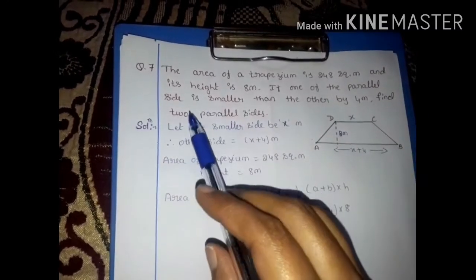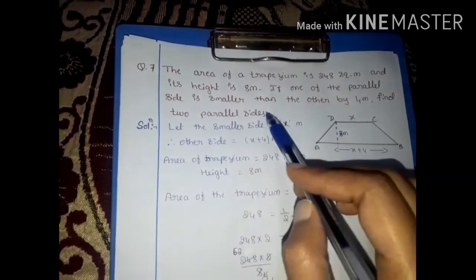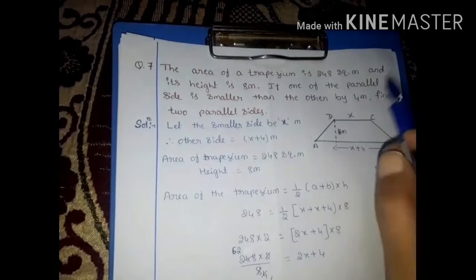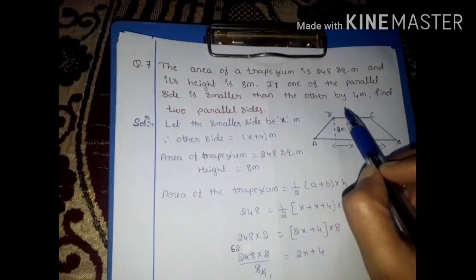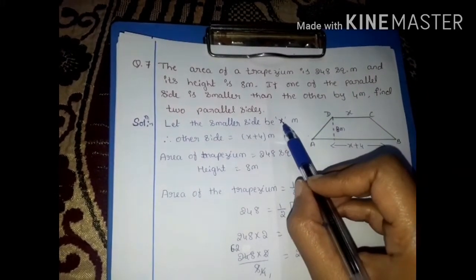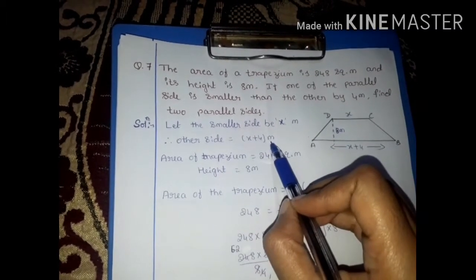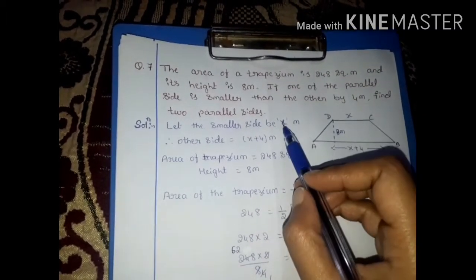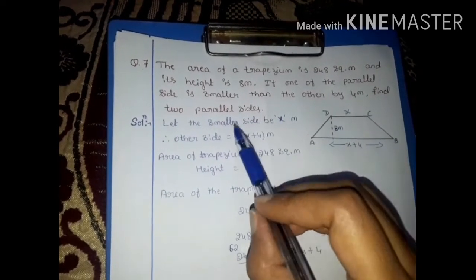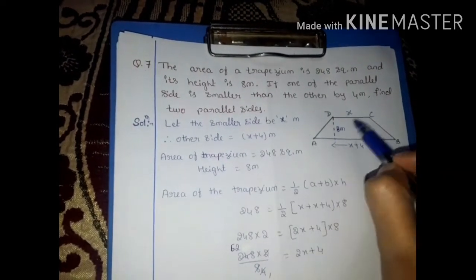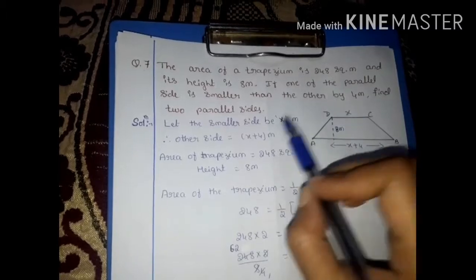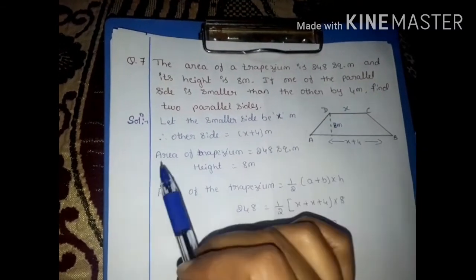Then you have to find the two parallel sides. First, let us consider the smaller side to be x meter, then the other side is x plus 4 meter. You can also consider it like this, children: one side be x plus 4, another side be x. In both ways you can consider.